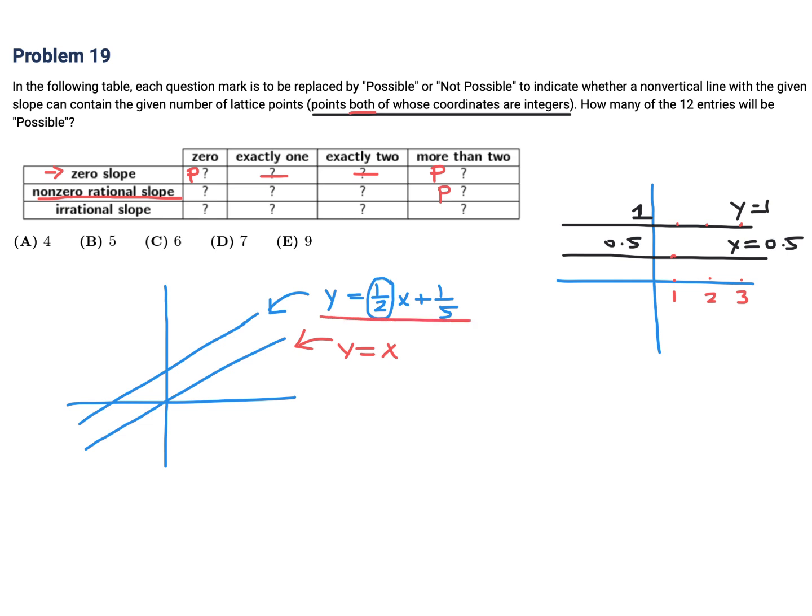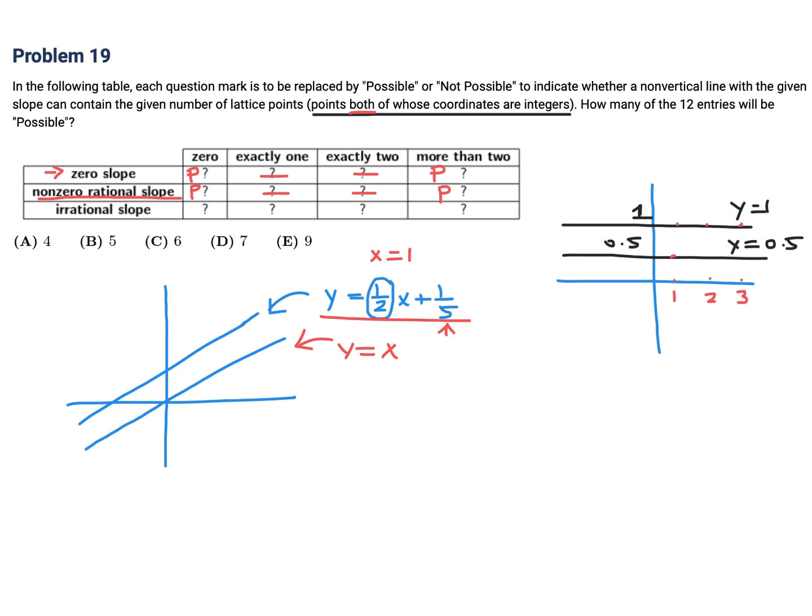But for this one, you'll see that no matter what I put x in, even if x is an integer, y will not be an integer, because this 1 over 5 ruins the possibility of it becoming an integer. I think no matter what you put for x, I don't think it'll ever be an integer. And if you try to make y an integer, x will not be an integer. So that means 0 is possible. And then these scenarios are not.